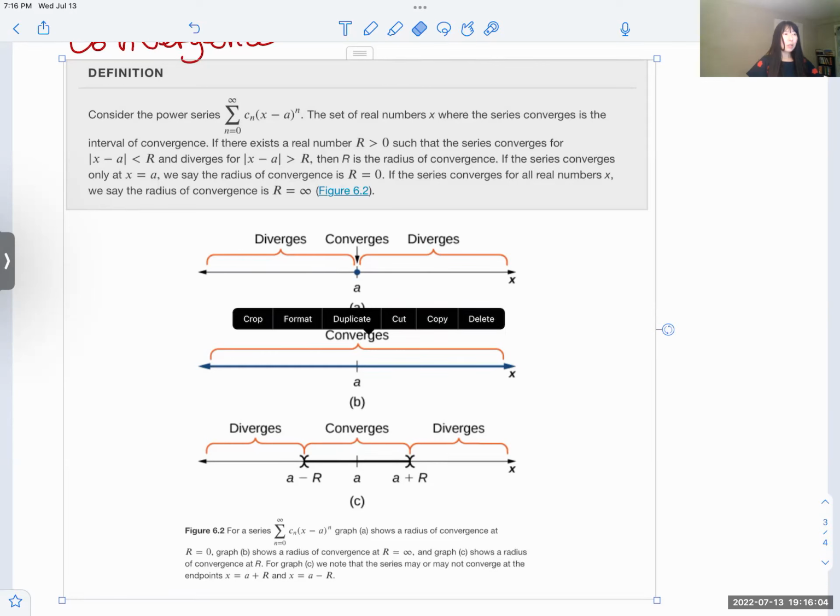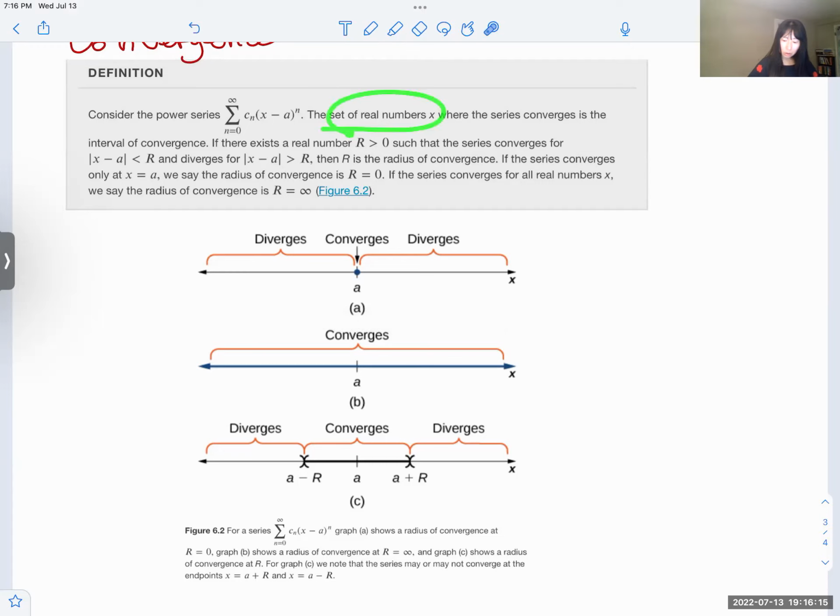Take a look. We have a series, and the set of all real numbers x where the series converges is the interval of convergence.